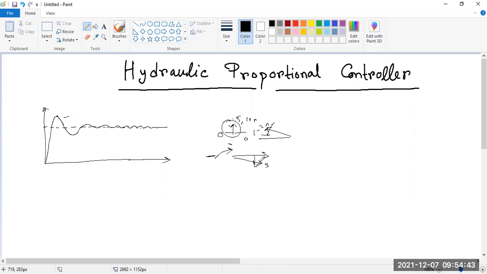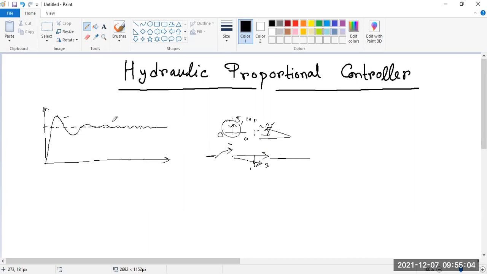You have to gradually stop it. But if you suddenly brake, just like your motor, just like your car, then you get some force in the opposite direction. This type of thing happens.